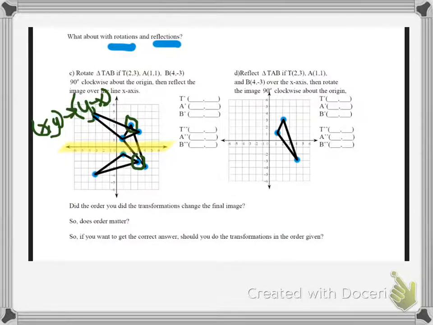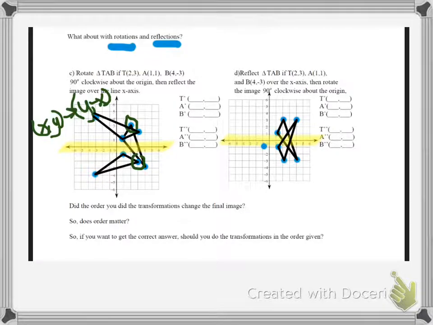So now we're going to reflect and then rotate. So there's my x-axis. So my points are going to flip across it. There's my reflection. And now when I rotate, I'm going to have a point right there.